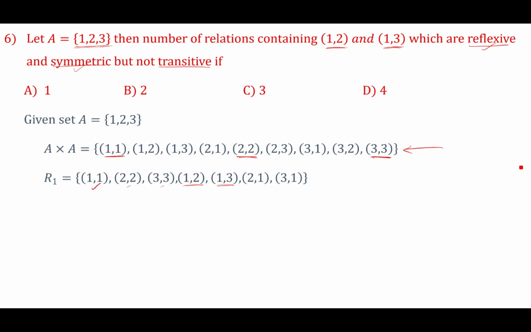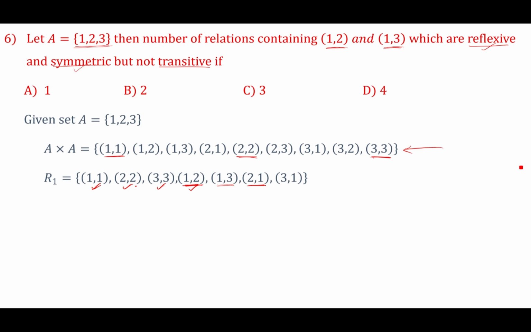So I don't need to check for these because this satisfies transitive. Now check with this one, (1, 2), (2, 1) and (1, 1) is there, yes, and (1, 2), (2, 2) is there and (1, 2) is also there. So this satisfies the transitive relation.